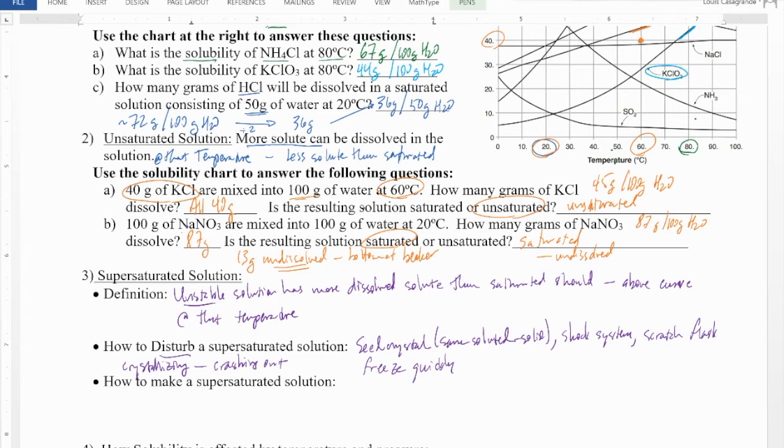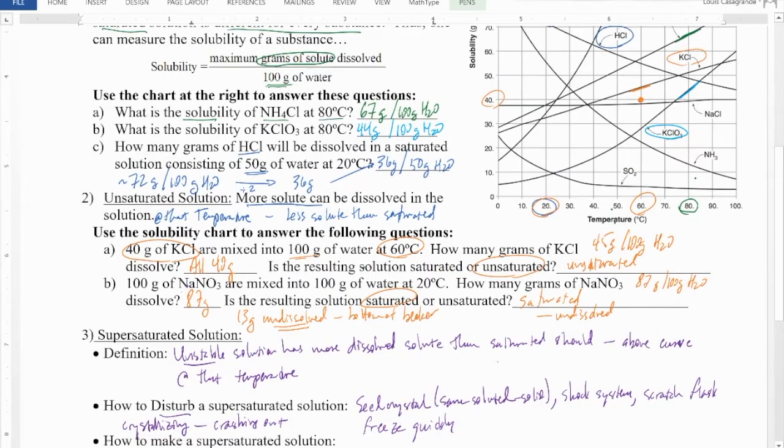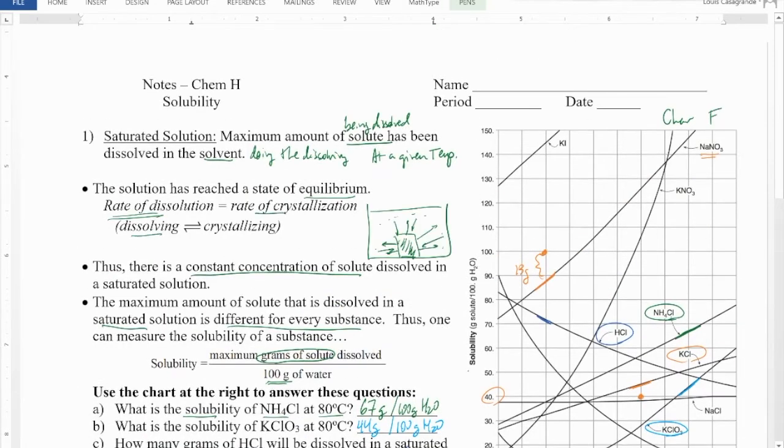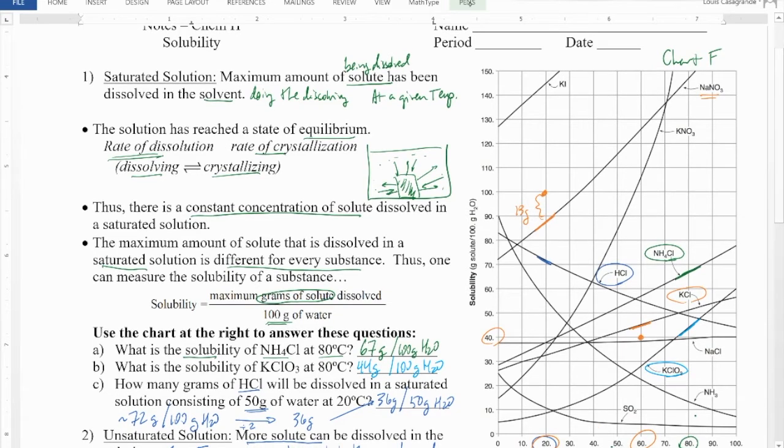supersaturated solution. Making a supersaturated solution, as I said, is not just like putting enough material in. So let's go back up to our top, and let's use potassium nitrate as our example. Let's suppose that we wanted to get a supersaturated solution of 130 grams of potassium nitrate at 20 degrees Celsius.